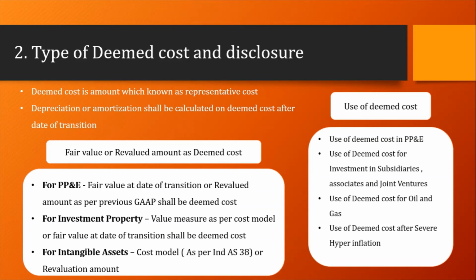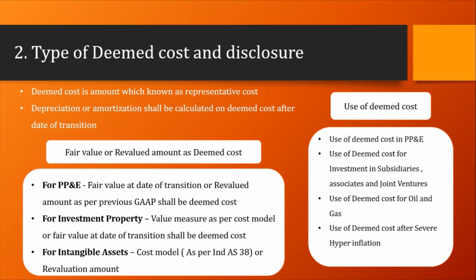First of all, we'll discuss the use of deemed cost in property, plant and equipment. In case of property, plant and equipment, the fair value at the date of transition, to prepare the opening balance sheet, or the revaluation amount calculated as per the previous GAAP shall be our deemed cost. It is the choice of the entity.